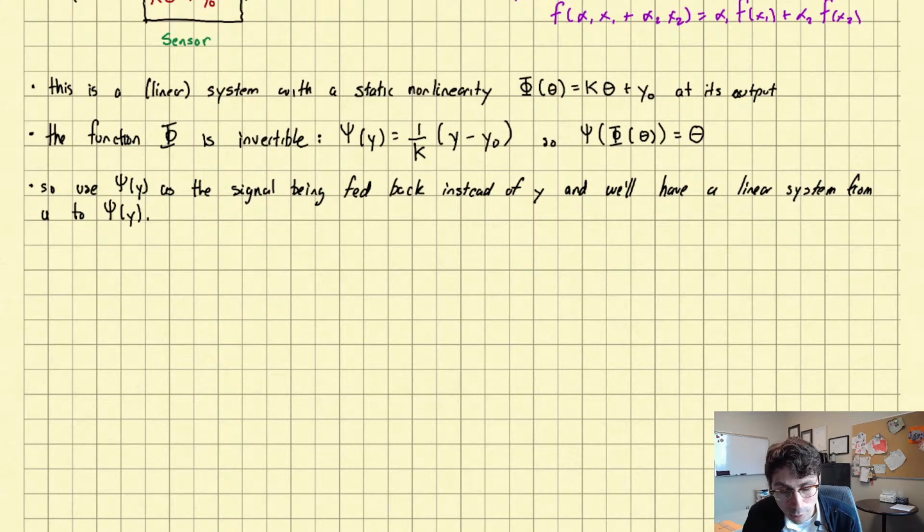Essentially, this little argument we're seeing in this example is why we often talk about unity feedback systems. And when I draw the block diagram, you'll see. Okay, so let's draw the block diagram. So we have our, let's see if I can draw this.